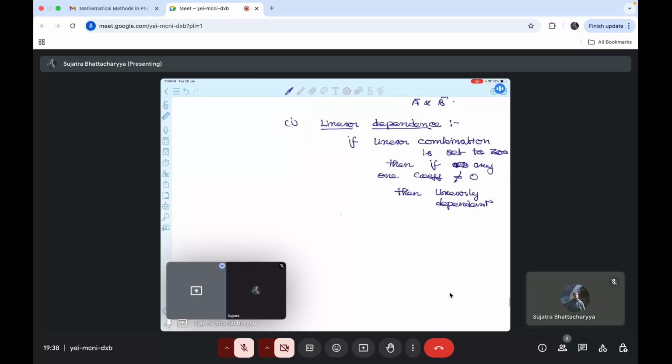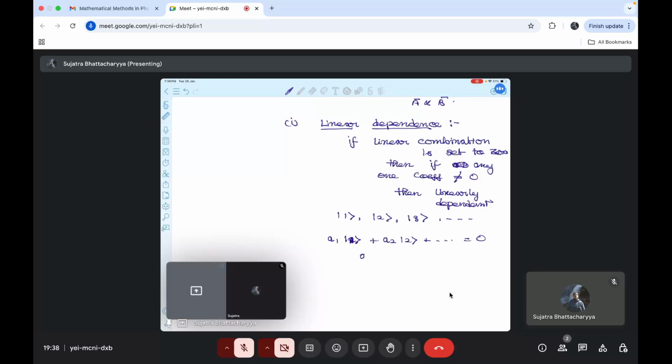So suppose you have several vectors, v1, v2, v3, and so on. I can write this as a1 v1 plus a2 v2 and so on, set equal to 0.